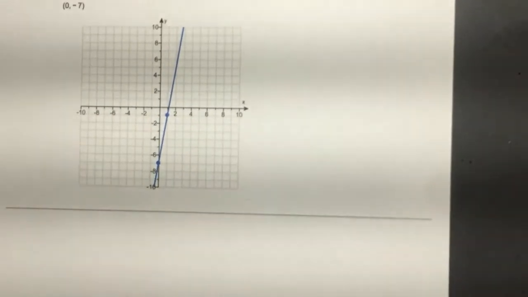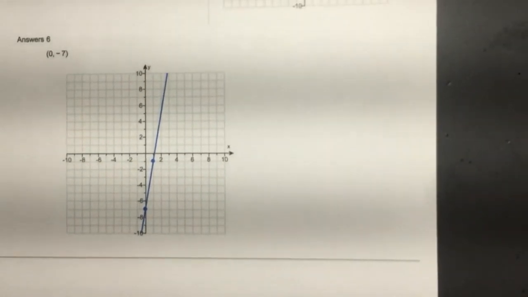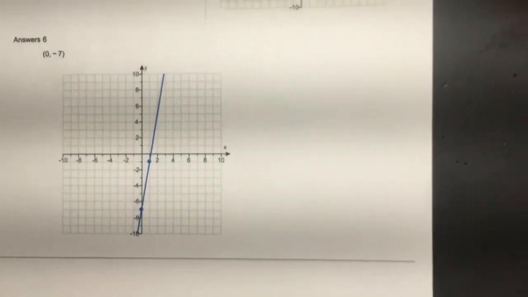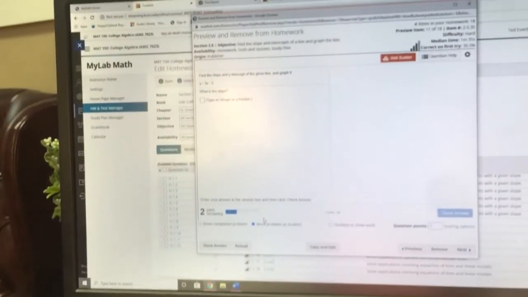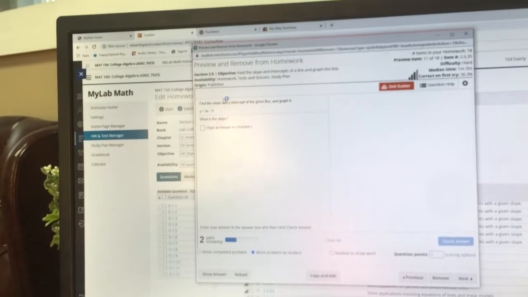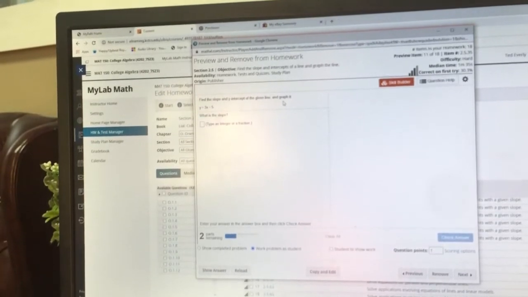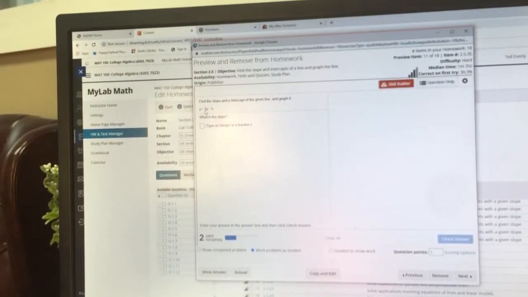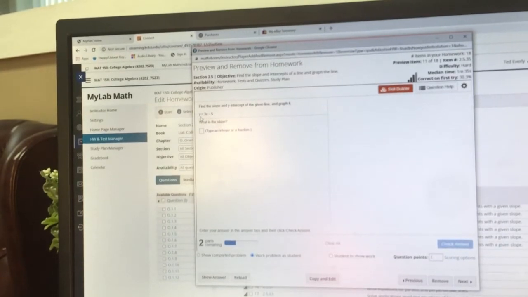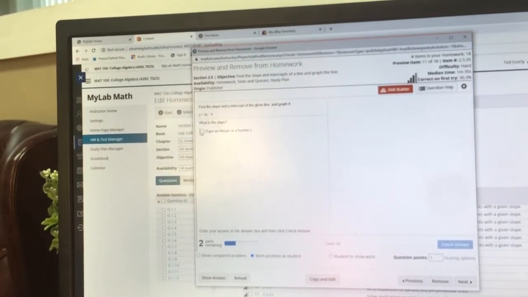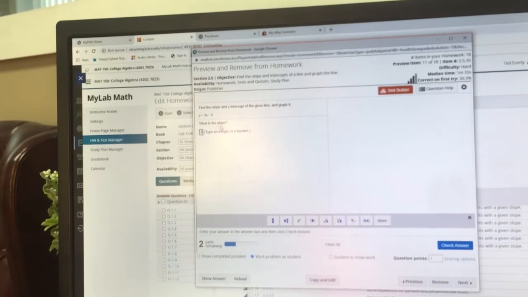Okay, now we're going to do some graphing, so we're going to have to go over to the screen here for number 11. So let's bring this thing over here. Find the slope and y-intercept of this given line and graph it. All right, this is in slope-intercept form. See, you got y equals, there's my slope right there, 3. So let's put a 3 in here.